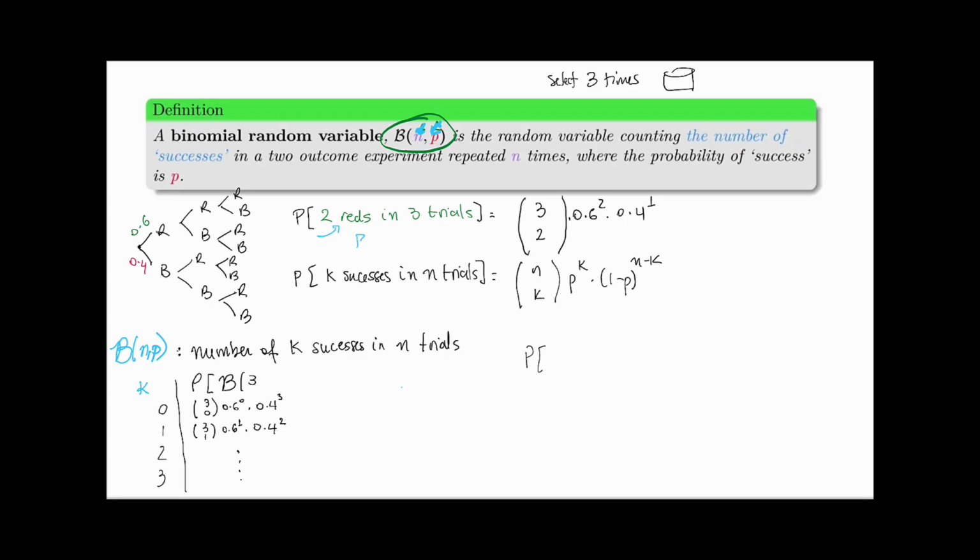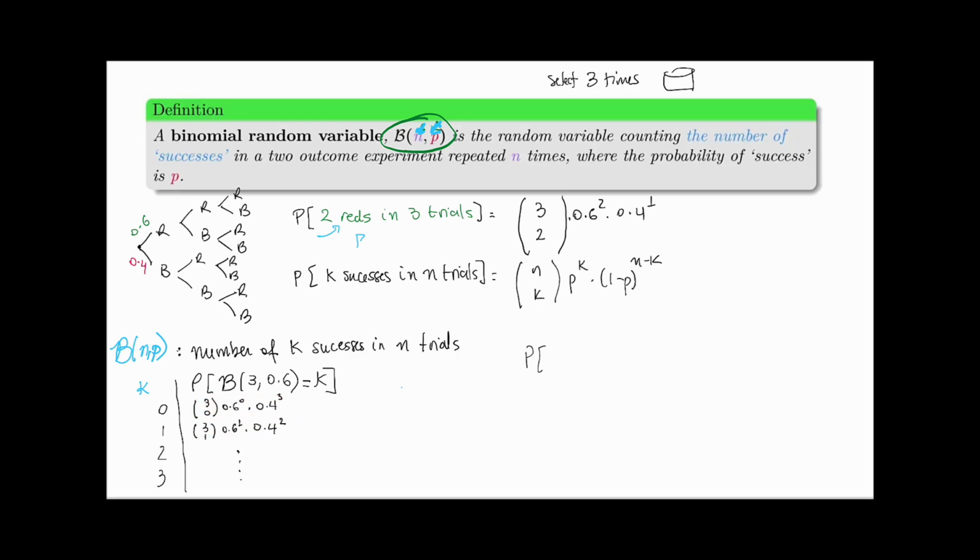In our case, we have 3 trials with the probability of the red being a success of 0.6. So what's the probability of this binomial being equal to k? That's what we're looking at. Think about this. What's the probability of the number of successes in 3 trials with a probability of 0.6 being equal to, and then you go to the row k equals 0? Then you will find that probability.